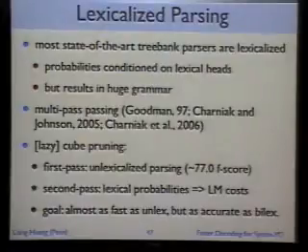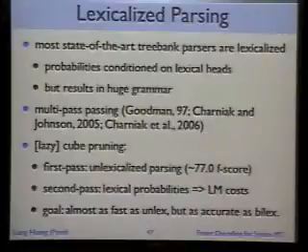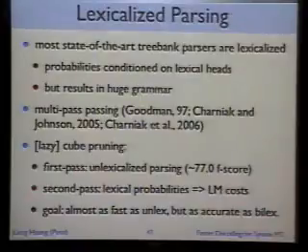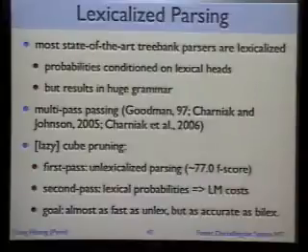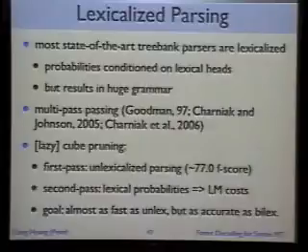Right? But in terms of cube pruning and lazy cube pruning, if we apply this technique with the multi-pass, both of them assume that there are two separate passes. The first pass is just unlexicalized parsing, and according to Charniak's data, it's like 77 F score, and the fully lexicalized one is like 88 or 89% F score.